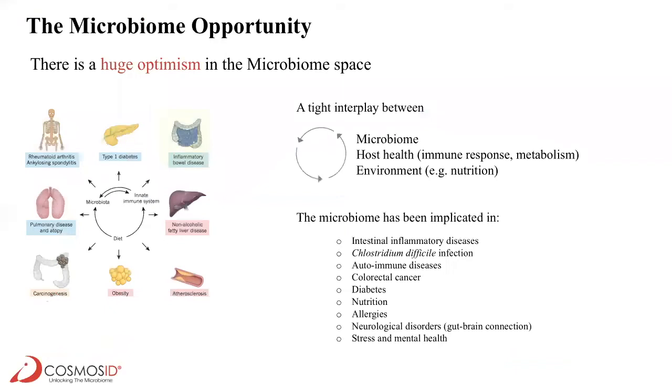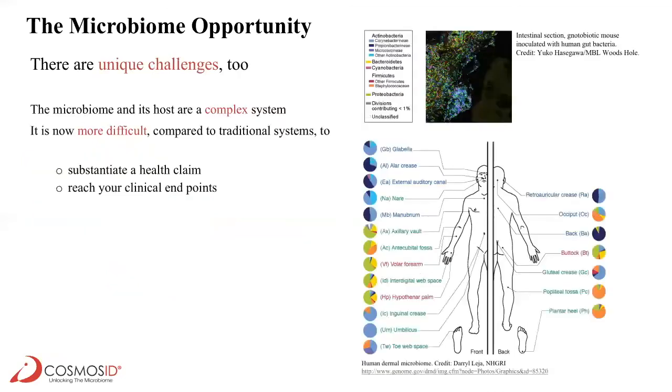We all are aware of the huge optimism that microbiome science is exerting today because of its tight interplay between the host and also the environment. Every day, numerous publications are coming up with the enormous implication of microbiome with a variety of health and wellness conditions.